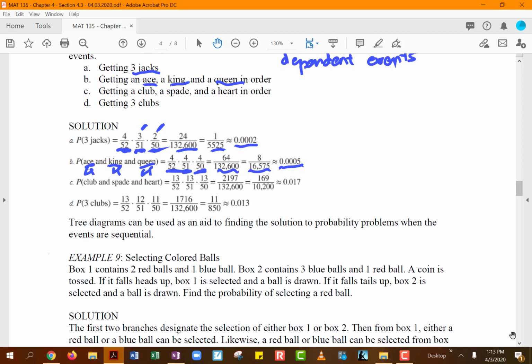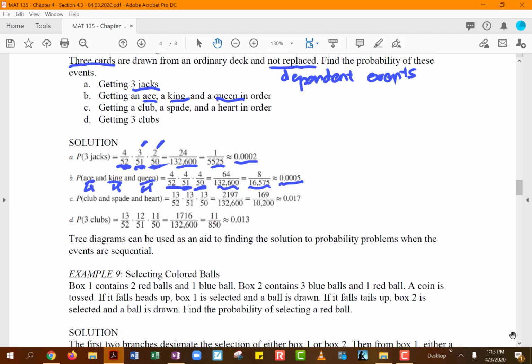Same thing on our part C. Here we're looking at the suits. So you've got club, spade, and heart, right? There are a total of 13 clubs, 13 spades, and 13 hearts in our deck, right? But again, since we're not replacing, we start out with 13 out of 52 for the clubs, but we don't replace our cards.